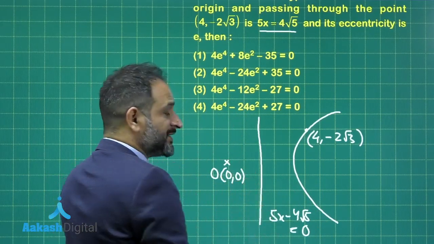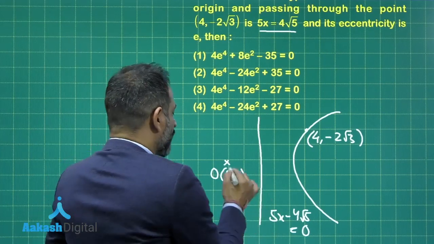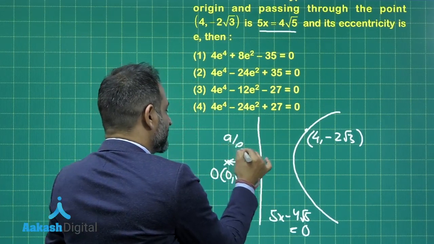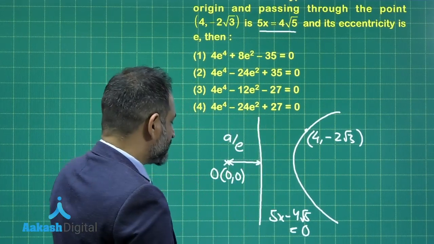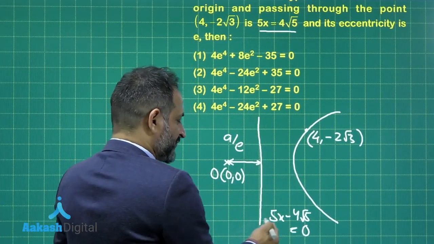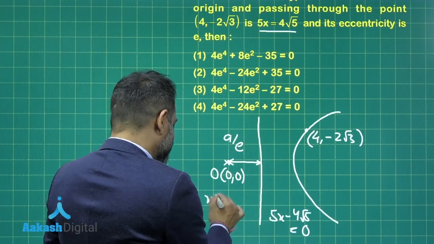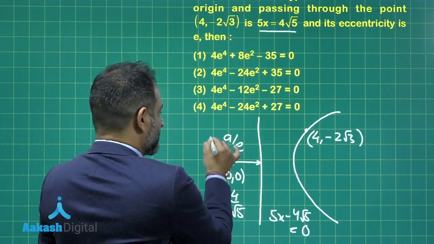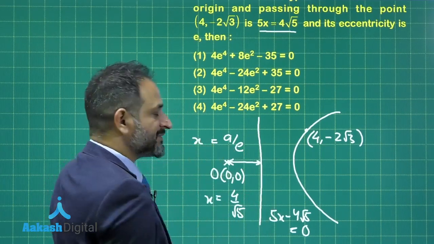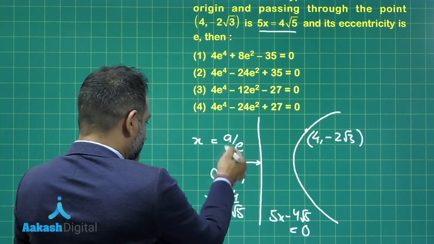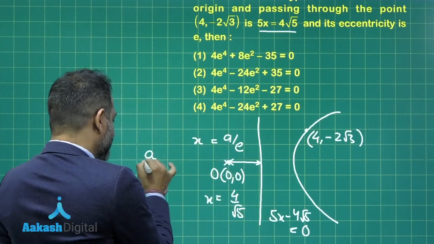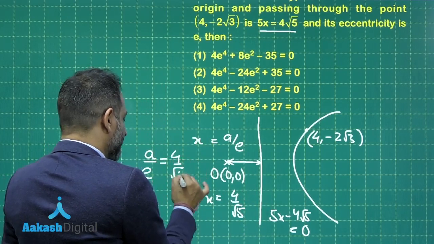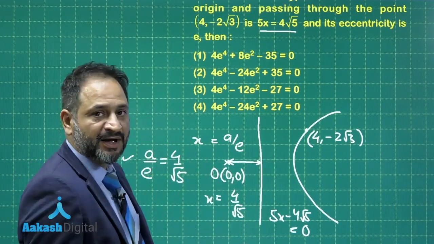Now, we know the distance of the origin from the directrix is definitely a by e. So, you can notice this line which is x equal to 4 by root 5 and this directrix is x equal to a by e. So, if we equate these two, we have a by e is equal to 4 by root 5. Now, this is the first relation we are having here.